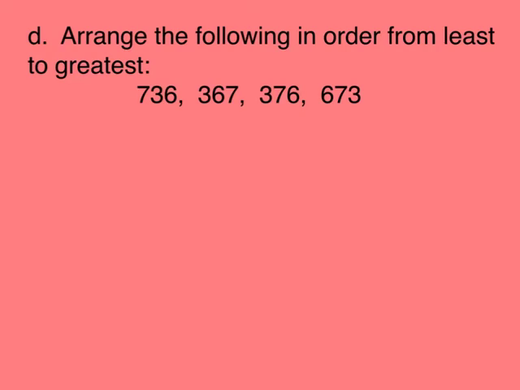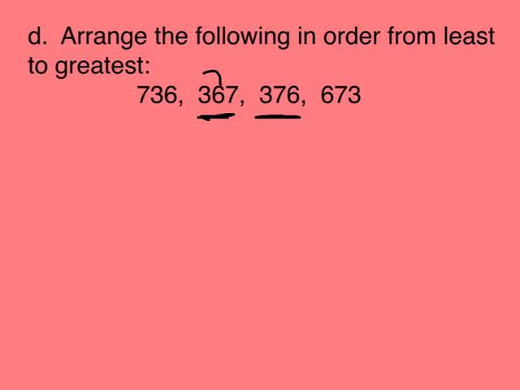Finally, we're told in D that we need to arrange in order from least to greatest. So we're going to go to the very highest place value, which in all 4 of these is the hundreds place. If we want the smallest hundreds, we've got a 3 in the hundreds place here and a 3 in the hundreds place here. So then we're going to have to look to the next one.